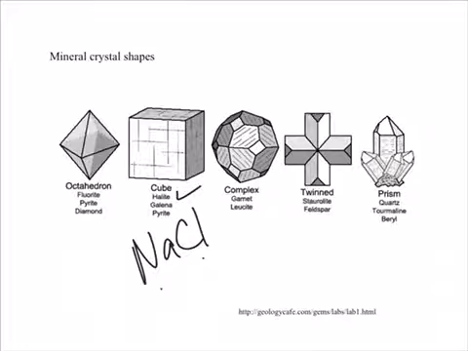Different ionic compounds have a more complex arrangement of those positive and negative ions in that crystal, and that's where you get some more complex shapes. In our class, we don't need to memorize any of these crystal shapes, but they are pretty interesting, and this is a nice little chart I found from a pretty neat website called Geology Cafe if you want to look for a good resource for earth science ideas and topics.